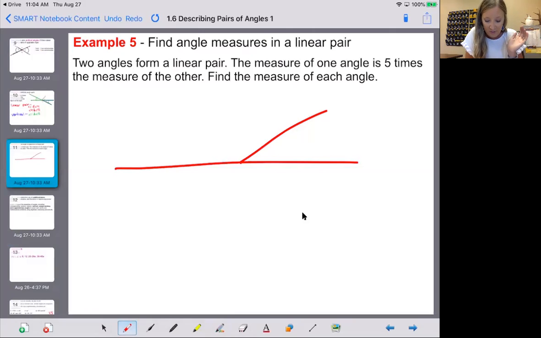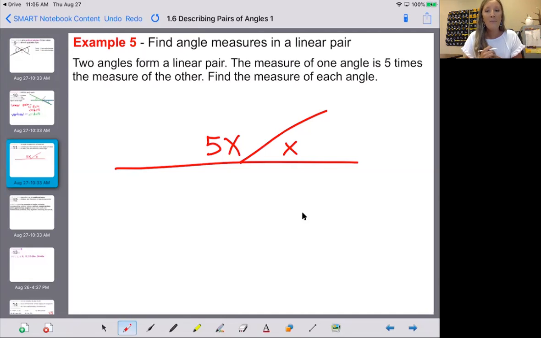So I'm going to say this is an unknown. It's a variable. I don't know what it is. But if that one is x, the bigger one has to be 5 times bigger. So how about 5 times bigger, 5x? You see what I'm saying? One of them we don't know, the little one, and then the other one is 5 times bigger than the one we don't know. Okay, so one's x, one is 5x.